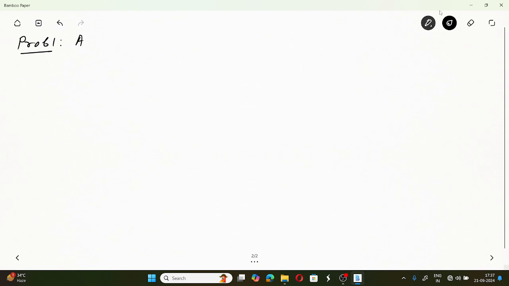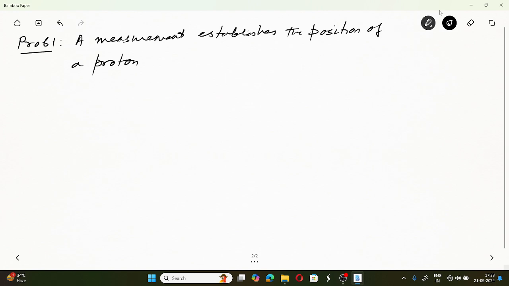A measurement establishes the position of a proton with an accuracy of plus minus 1.0 times 10 to the power minus 11 meters.